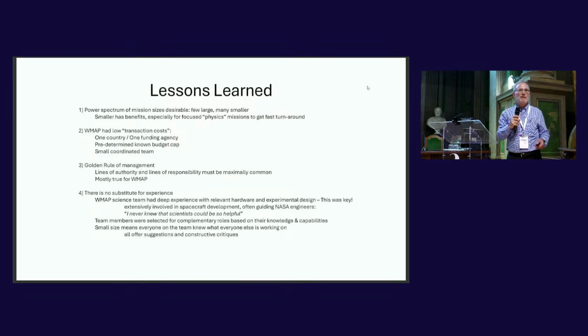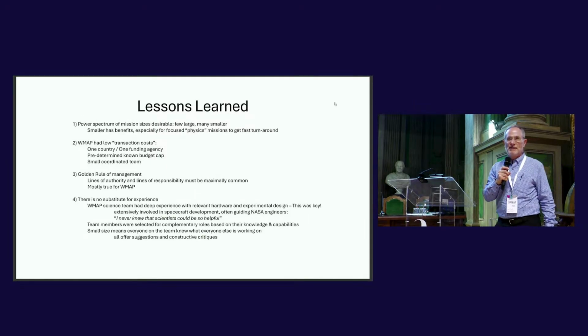We had all kinds of requirements levied on the spacecraft components, and some of it was difficult for the engineers, and we actually had science team members step in and work with the engineers to try to work out what needed to be done, which brought this nice quote from one of the engineers that I remember. He said, "I never knew that scientists could be so helpful."